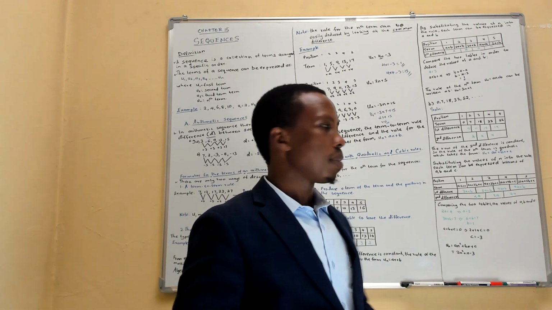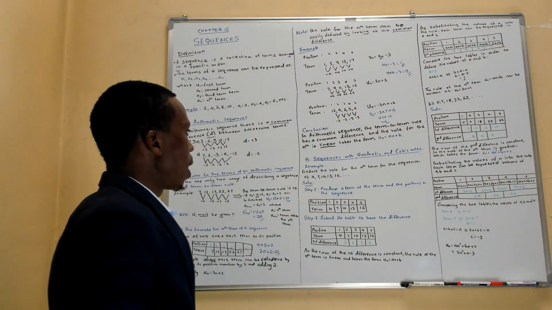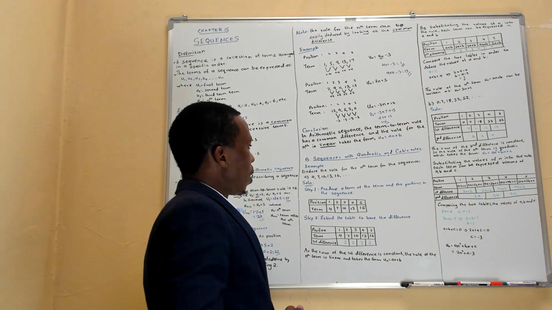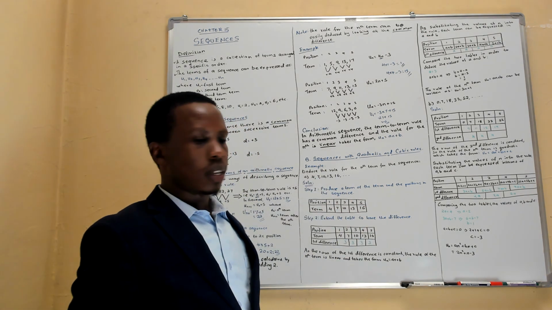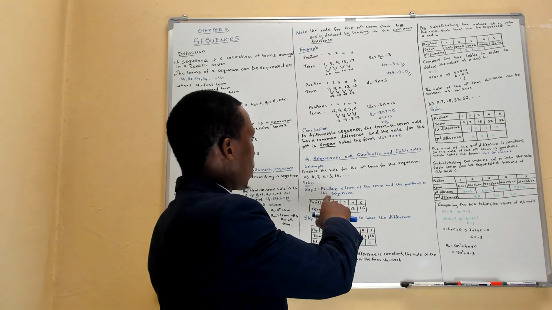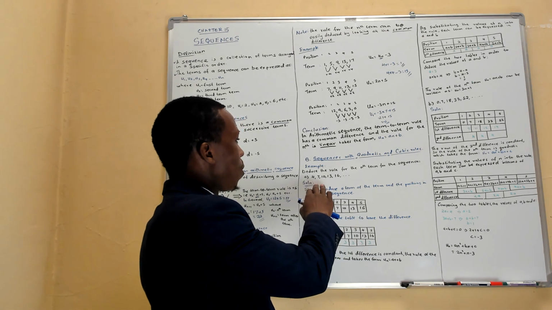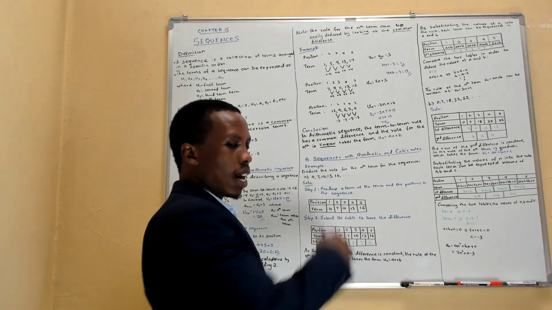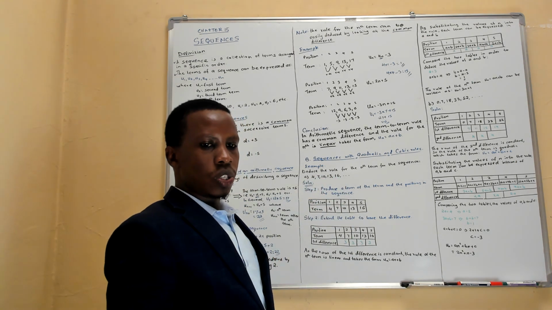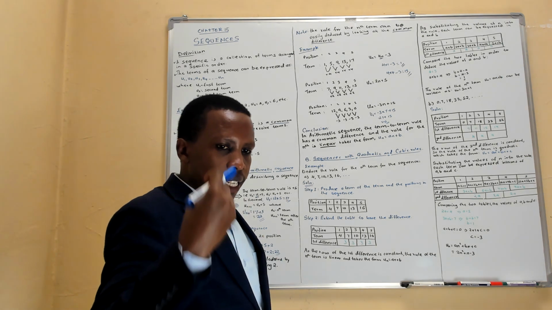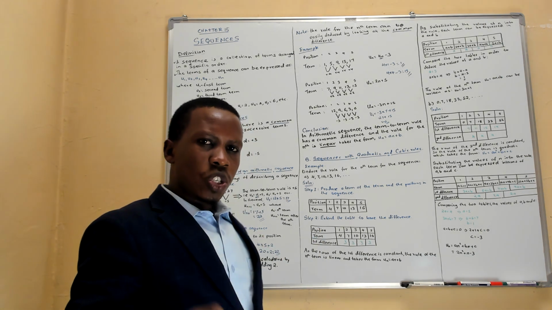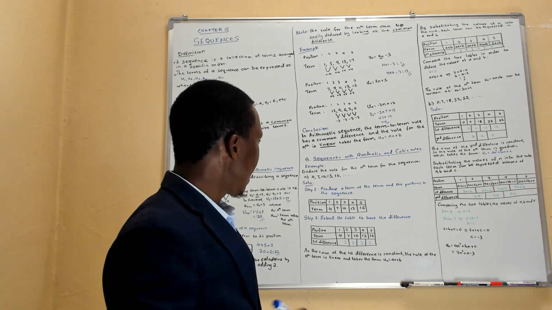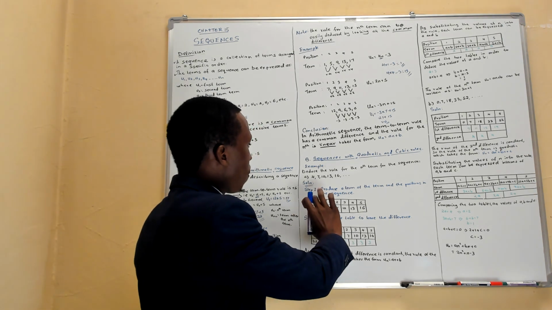Now, what happens? For example, you can be given a sequence like this and you are told to deduce the nth term of the sequence. So a sequence of 4, 7, 10, 13, and 16. What do you need to do for you to deduce the nth term of this sequence? What you have to do is, first you need to form a table.